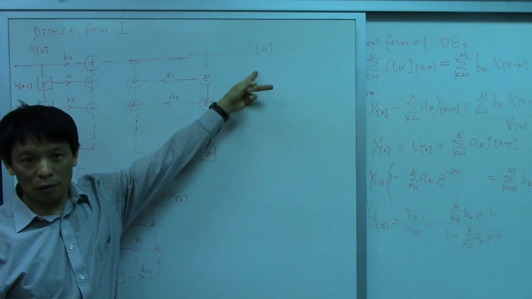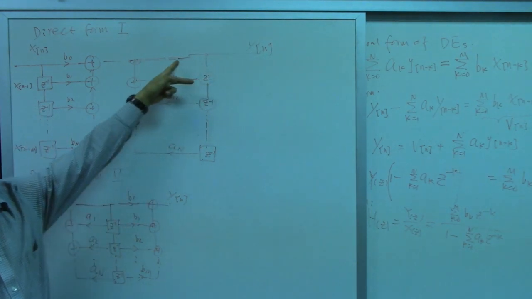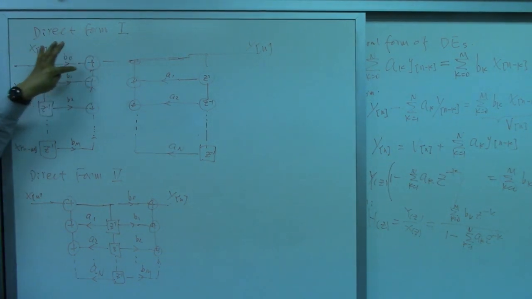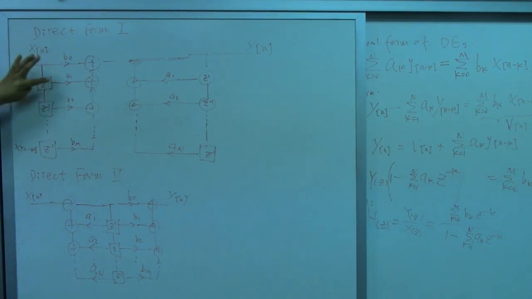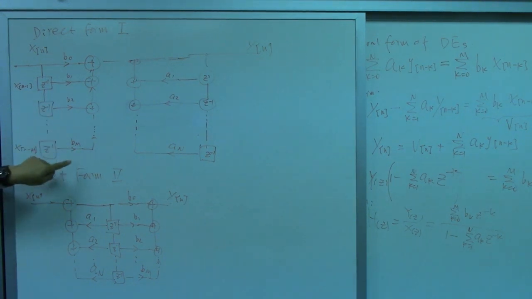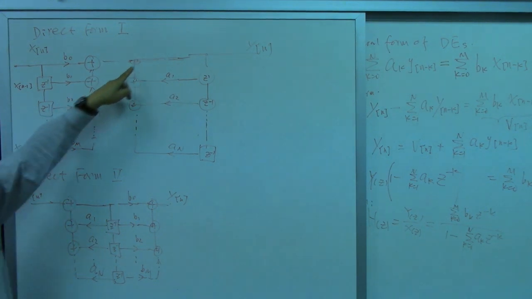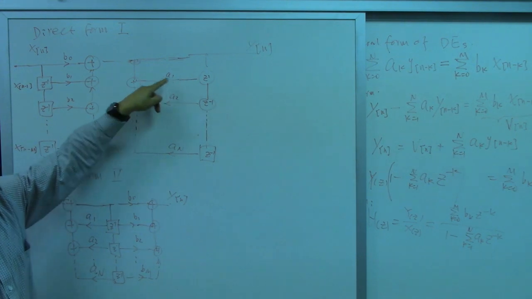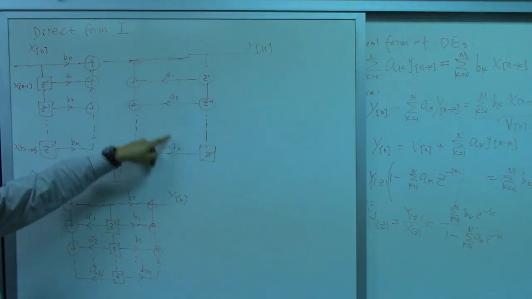Yn equals what? Equals b0 times xn, right? Plus b1 times xn minus 1, and plus b2 xn minus 2, and all the way to bm times xn minus m. Then plus a1 yn minus 1 plus a2 yn minus 2, and so on.